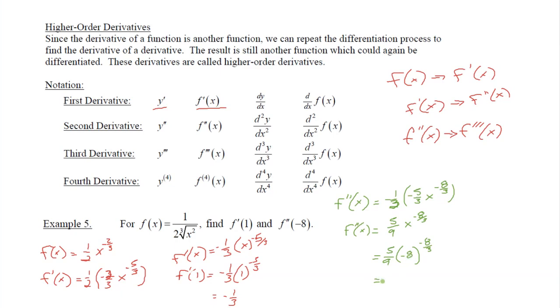So this could be also written as 5/9 times negative 2 cubed to the negative 8/3. When you're multiplying powers, this would be 3 times negative 8/3. Those 3's end up canceling out, and perhaps the simplest form that you can get without the calculator would be 5/9 times negative 2 to the negative 8th power.